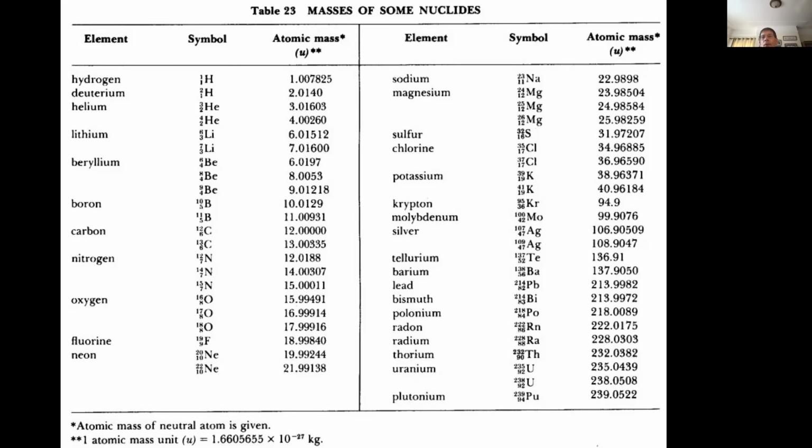But you actually see that the binding energy per nucleon is slightly less than that of the carbon standard. Otherwise, if it had been exactly the same as carbon, it would have been 232.0000.